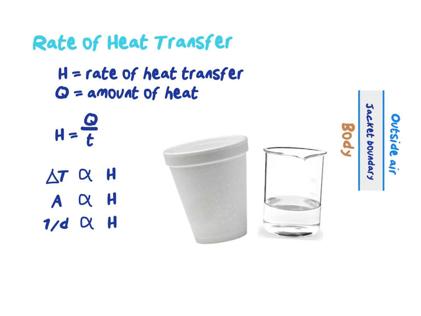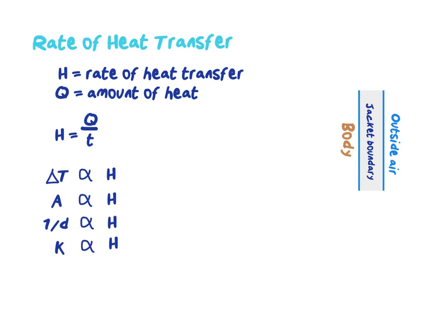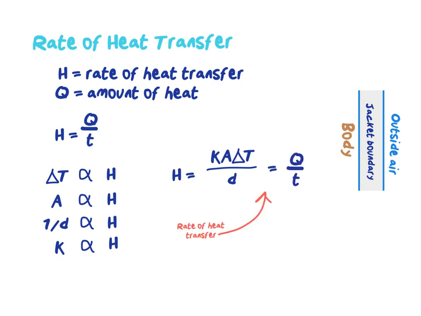But if we take a look at this kind of material, based on its molecular structure, we can call it a thermal conductivity constant. In other words, different materials allow heat to transfer better than others. We talked about this in a little bit of detail in the last video. Now all we worry about here is just looking at this main equation as a way to describe the heat flow, the rate of heat flow from one space to another when there's a boundary in between.